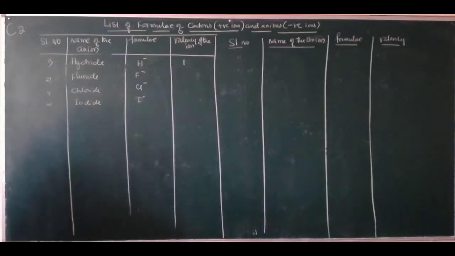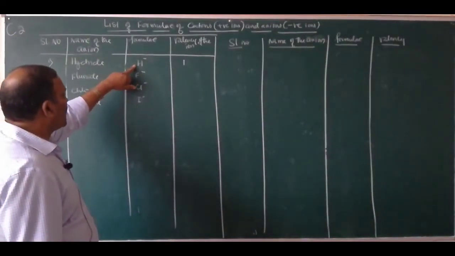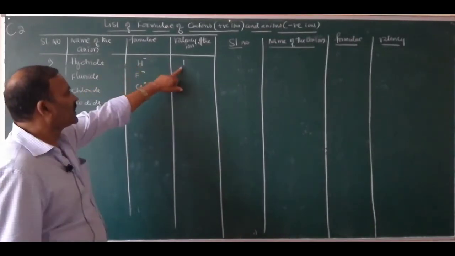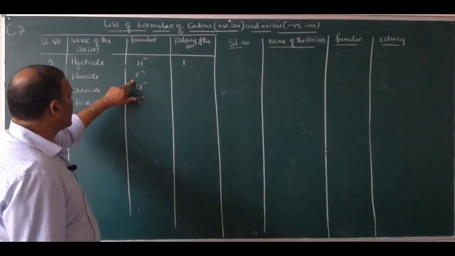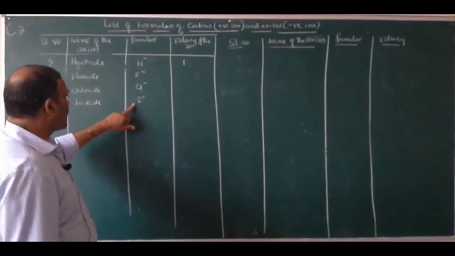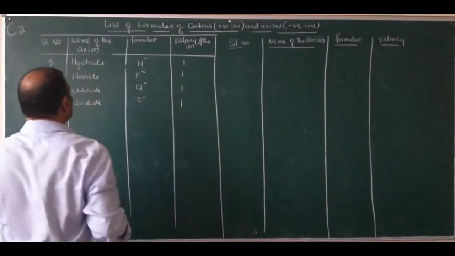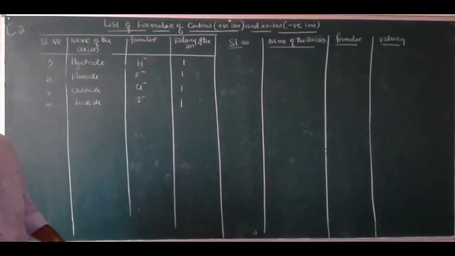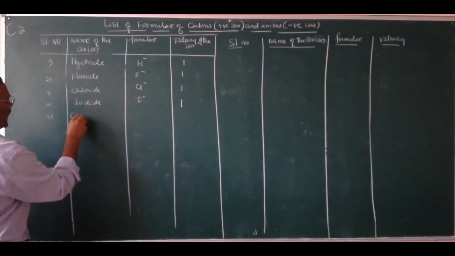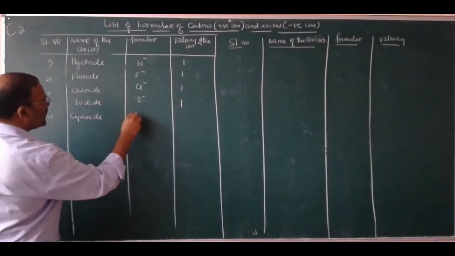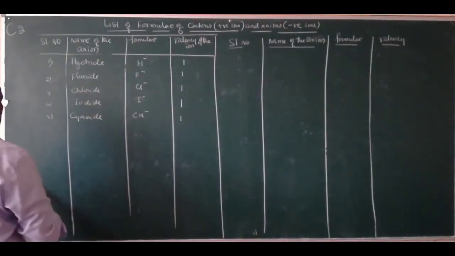So now the halides. When a hydrogen atom accepts one electron, it becomes H minus. When a fluorine atom accepts one electron, it becomes fluoride, then chloride, bromide, iodide. So what are the valencies? 1, 1, 1, etc. Similarly, the fifth one, cyanide, CN minus, one negative charge.